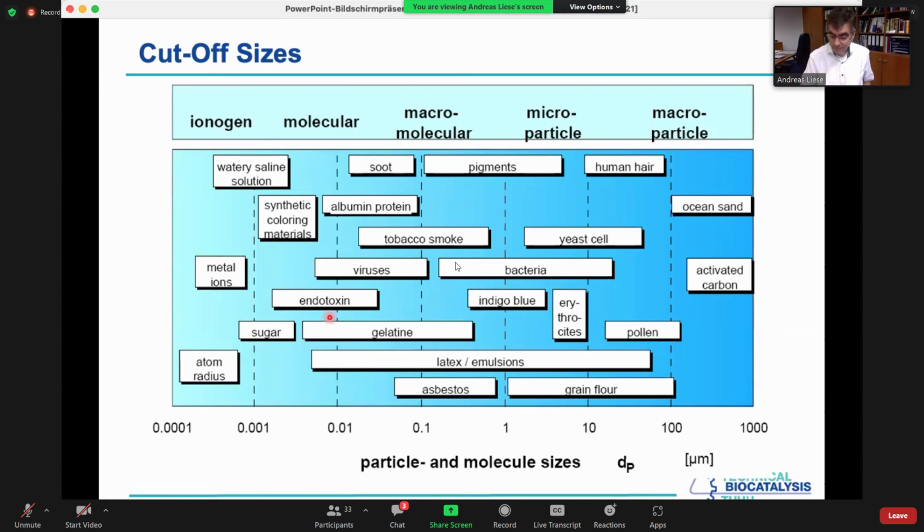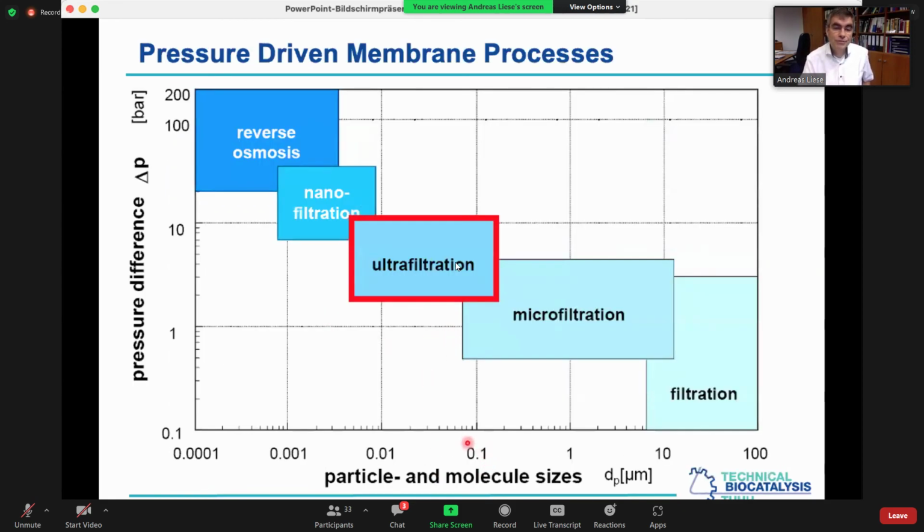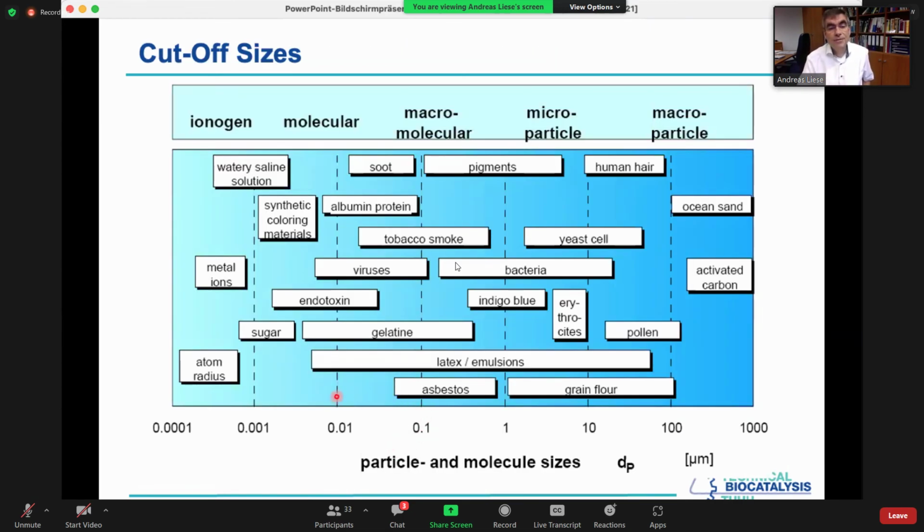And we've seen ultrafiltration runs from 0.1 to 0.01. So this is this range here. And there you can see we can retain viruses, proteins, soot, tobacco smoke, gelatin. The bigger the particles, we are in a suspension area like bacteria and yeast cells. That would be typical tasks for microfiltration.